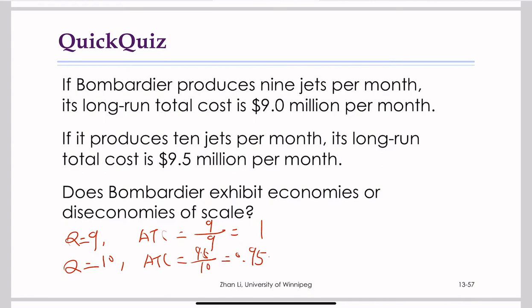So you can see that here we basically have the result. That is, if quantity increases, then average total cost would actually decrease, right? So this implies that this firm has economies of scale, right?